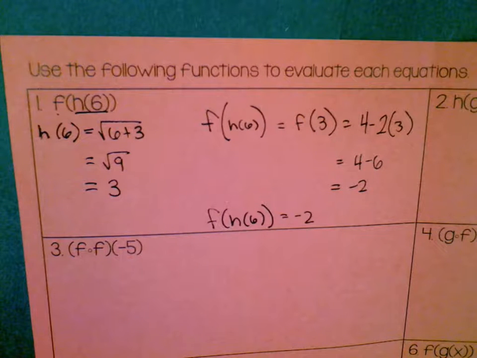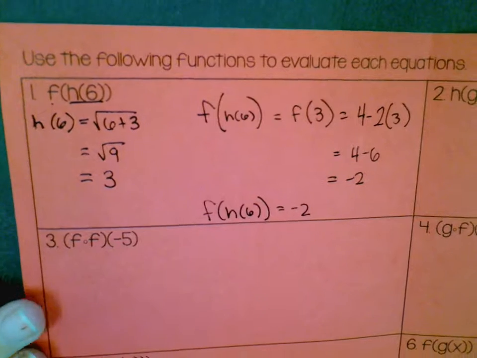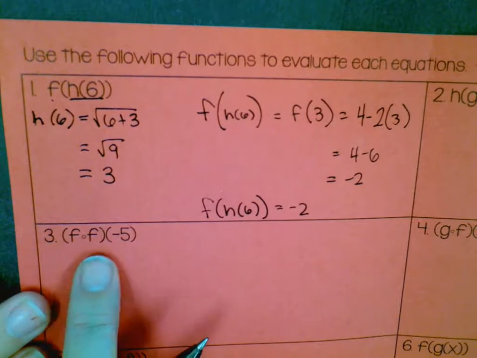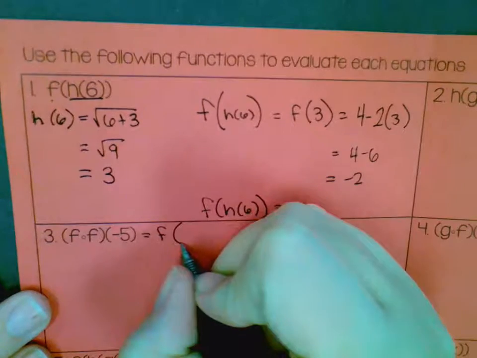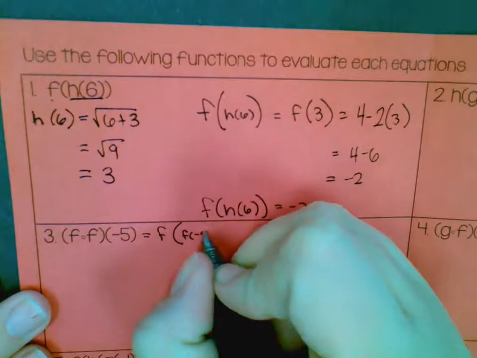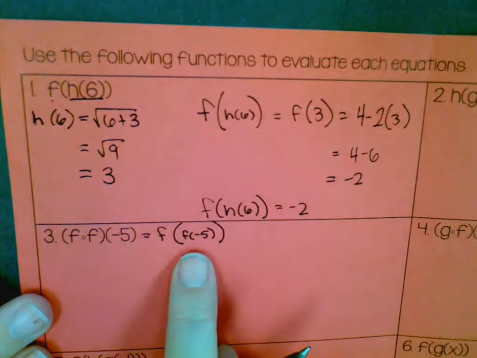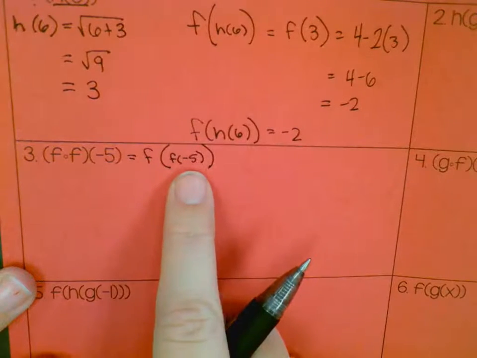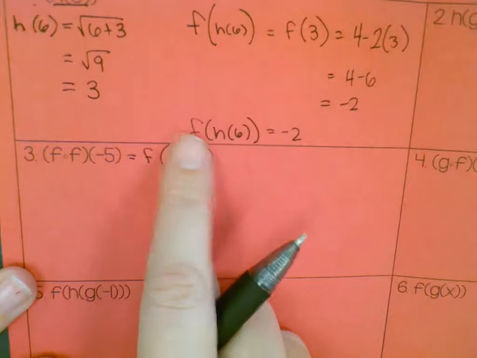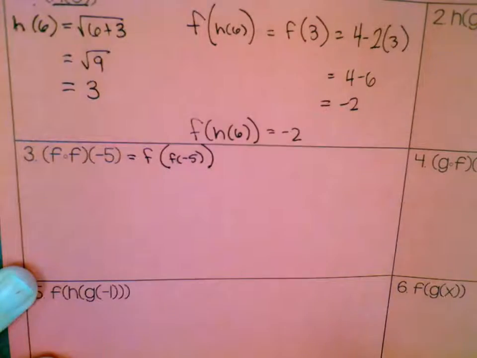We'll do one more together and then you can try. So we'll do number 3, f of f of negative 5. I tend to write the inside one a little bit smaller so I can see what's getting put into the other one. We're plugging negative 5 into f, and then taking that answer and plugging it into f again.